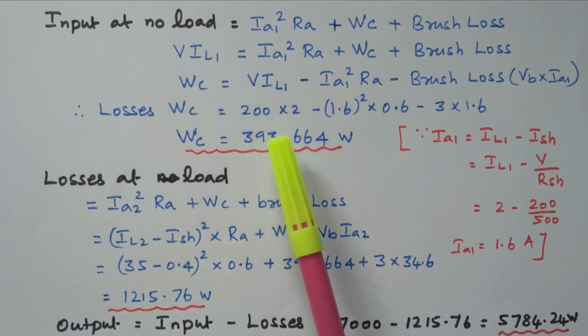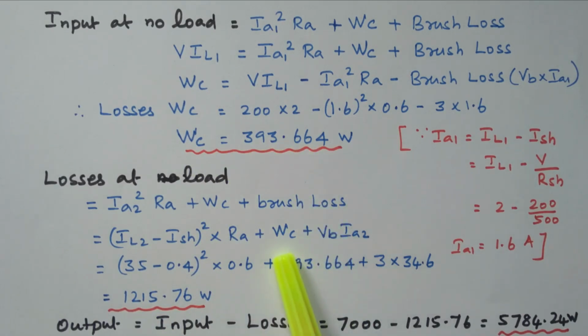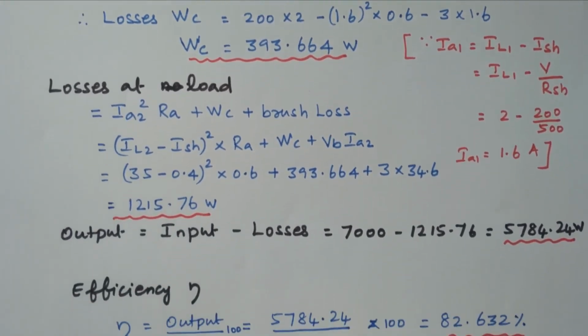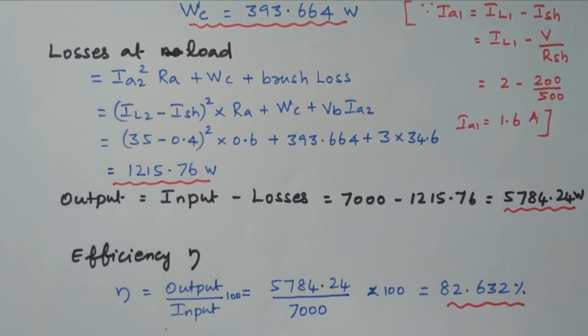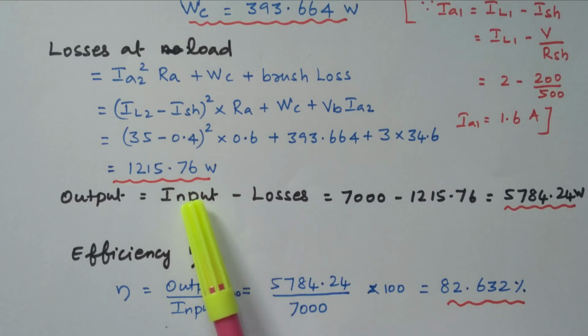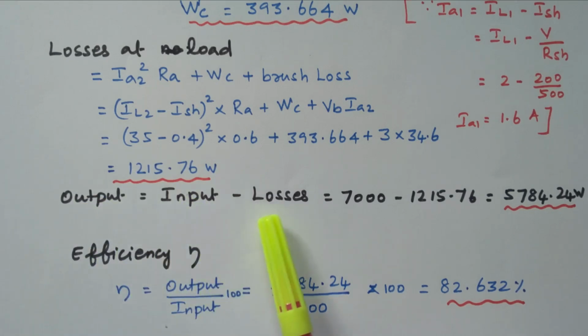The constant loss calculated from the no load condition can be used for the loaded condition also, because it is independent of the load. So now we have calculated the losses at the loaded condition. The input power is already calculated, so we need the output power. How do we calculate the output power? Input equals output plus losses. From the input, if we subtract the losses, we get the output power.